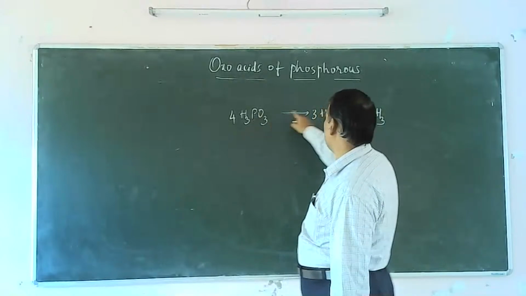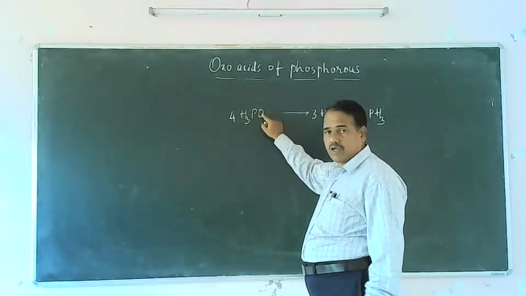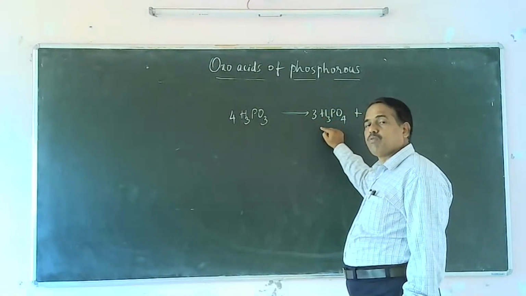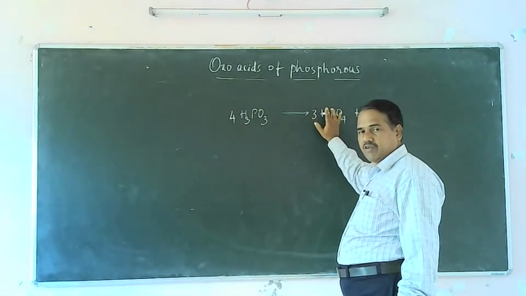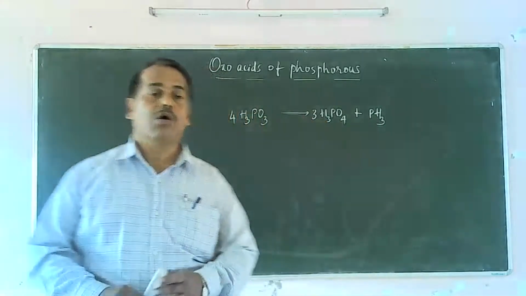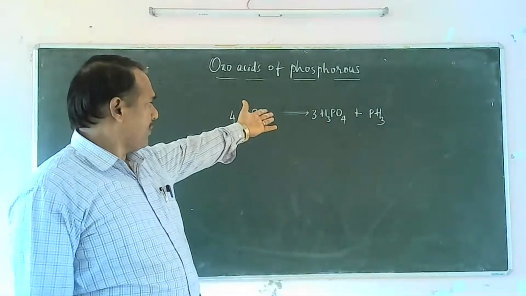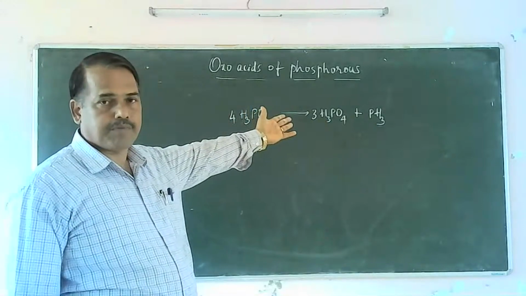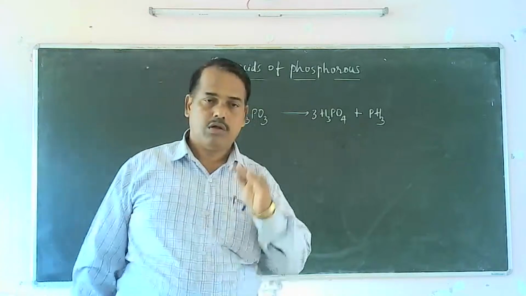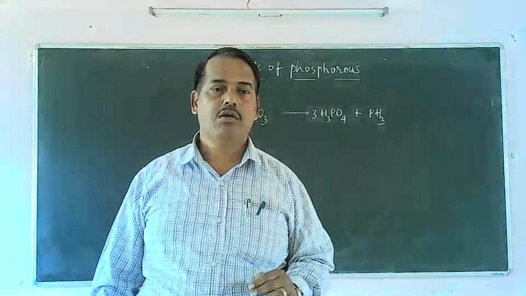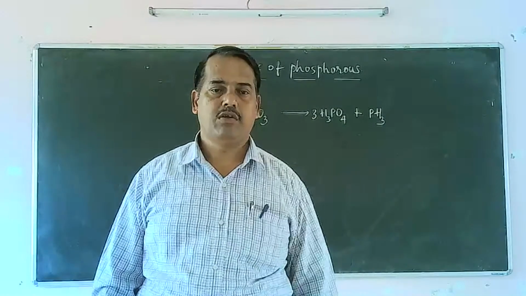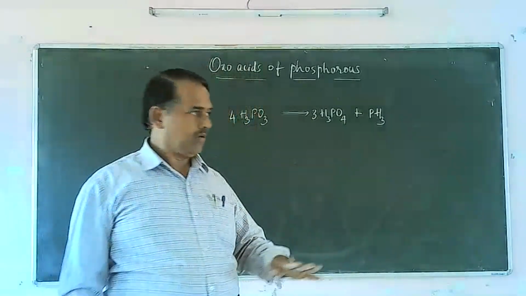Here is orthophosphorous acid, and here orthophosphoric acid, and this is called phosphate. See how the oxidation state changes. In phosphite we can find +3, so you can easily calculate the oxidation state. So this type of reaction is called a disproportionation reaction.